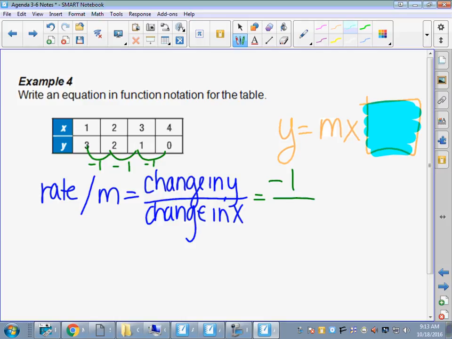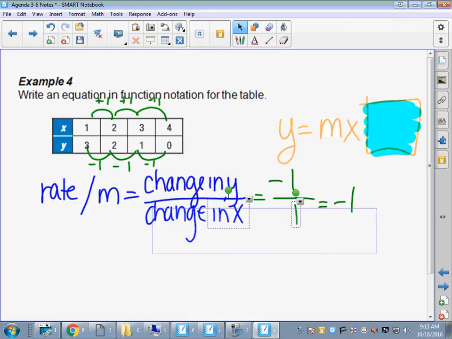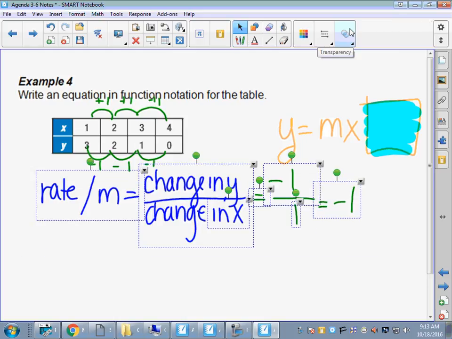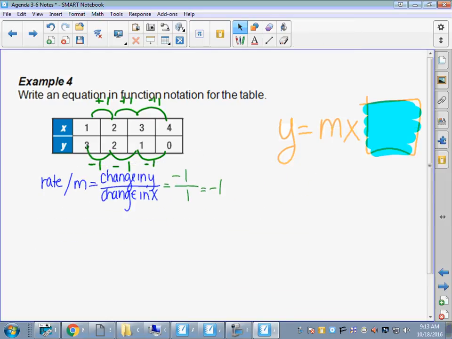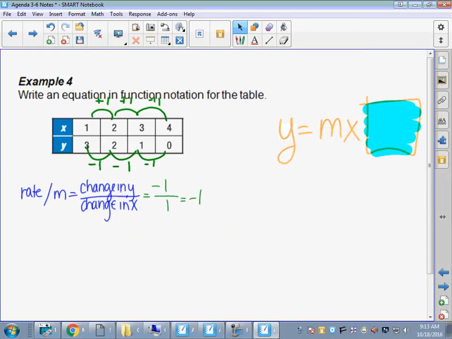What is our change in x's? The pattern for x's is add 1. Negative 1 over 1 is the same as negative 1. So there's my rate, my m, my constant of variation, whatever we're calling it, they're all the same thing.